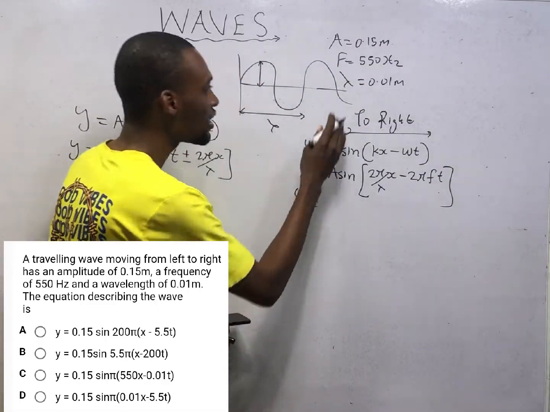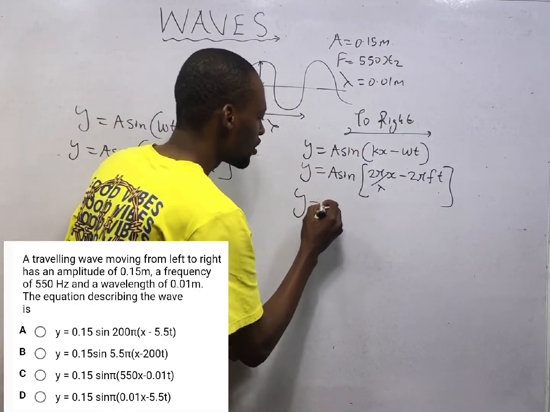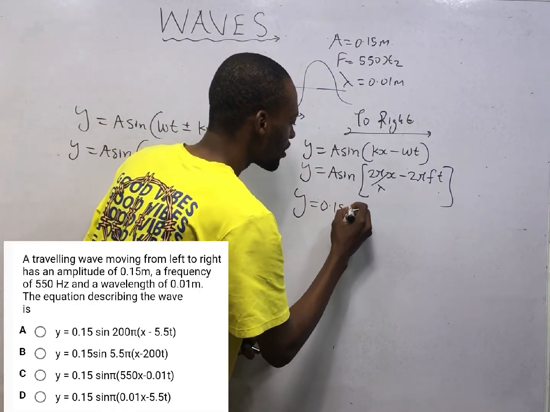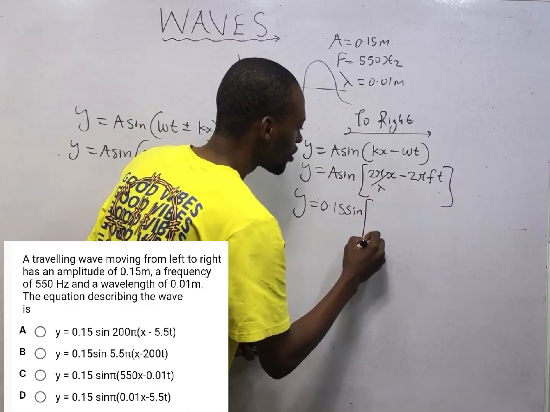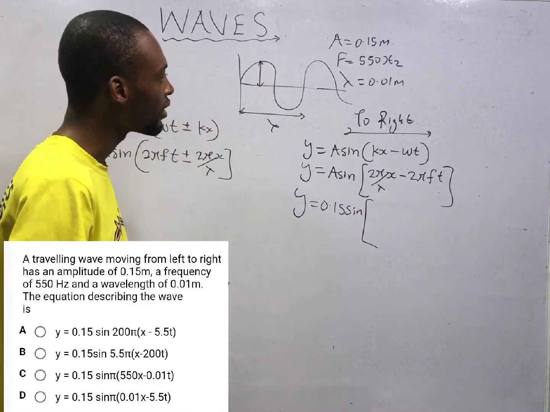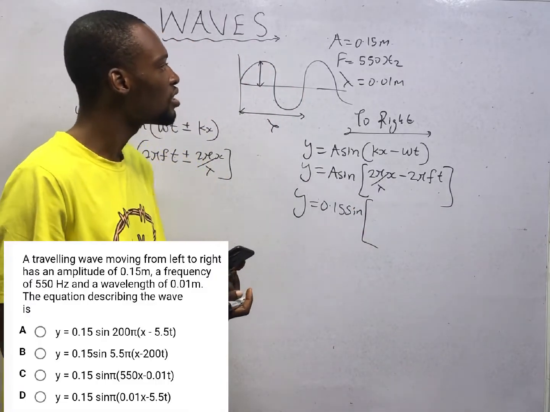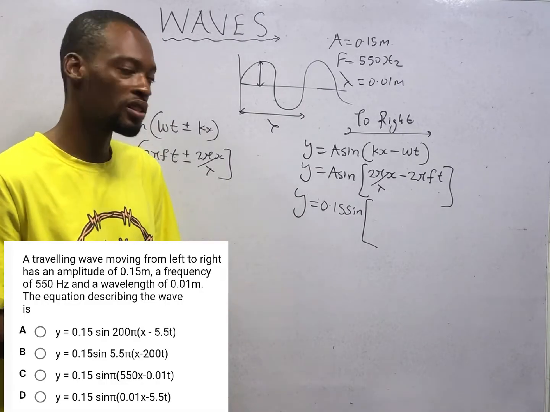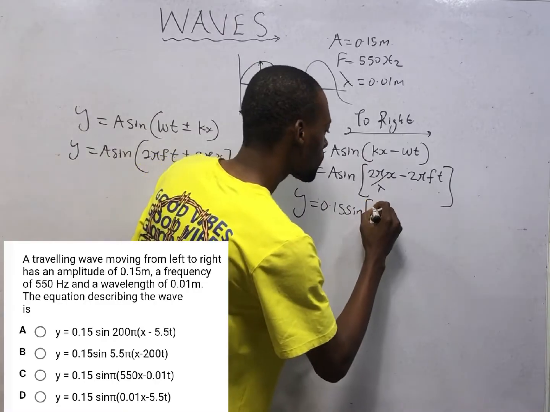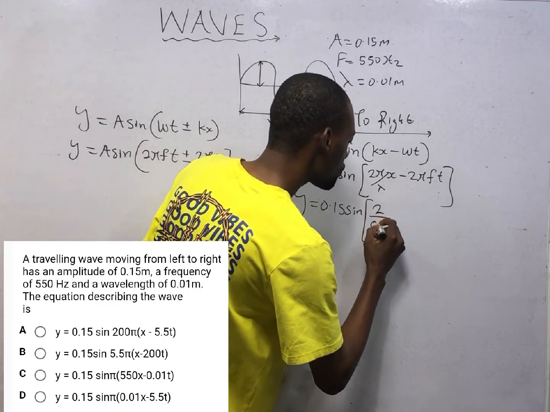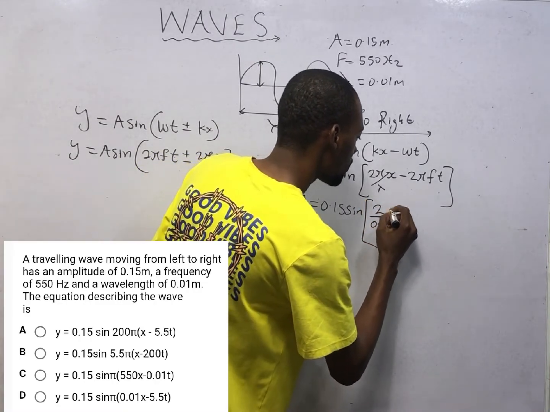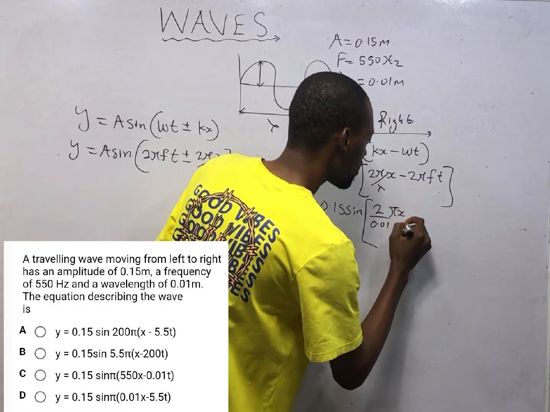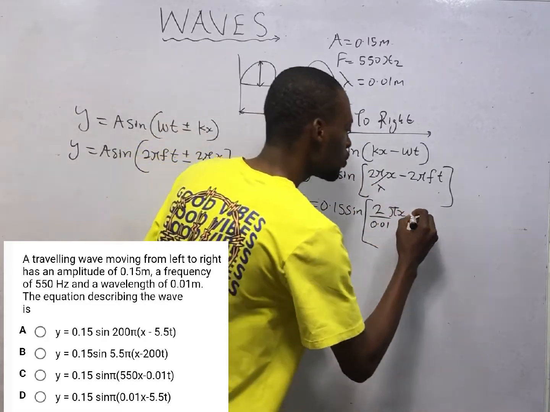The amplitude is given, 0.15 sine 2 pi s over lambda. Do we have s? No. Do we have lambda? Yes. That is 0.01. So here is simply 2 over 0.01 pi s minus 2.